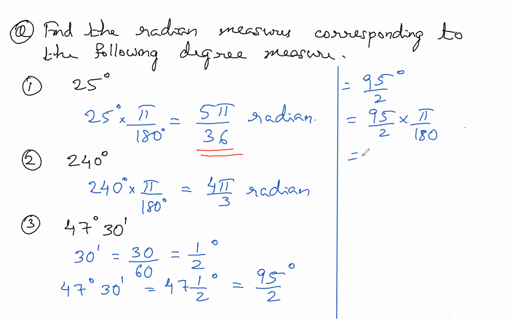Please simplify and tell me the answer in terms of pi. 95 and 180 we can cut by 5.